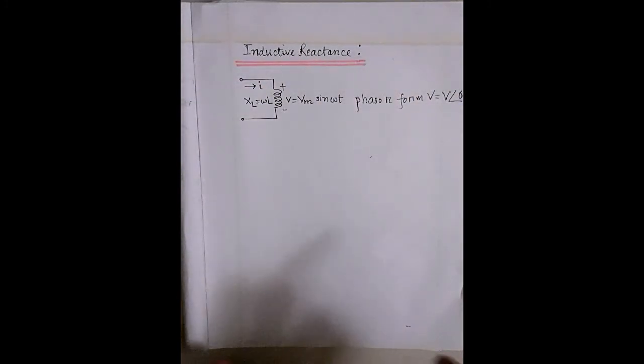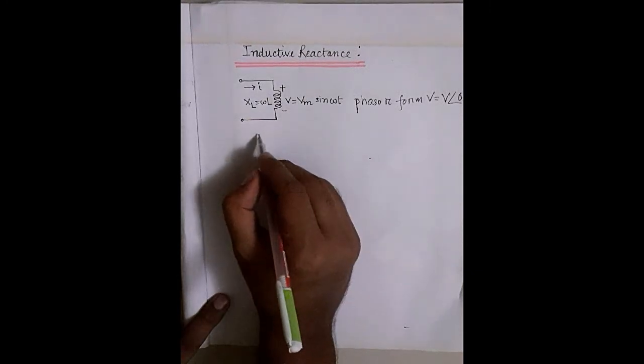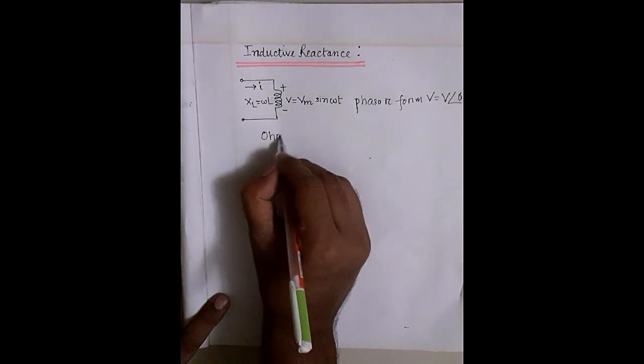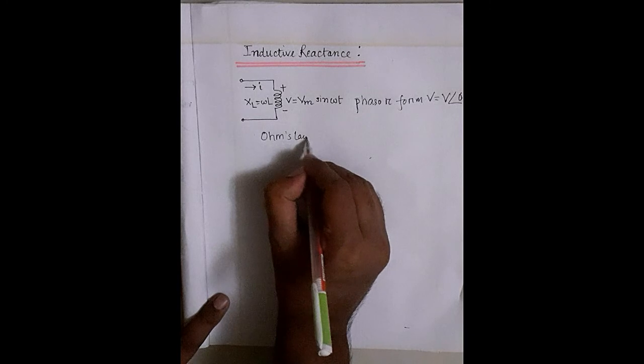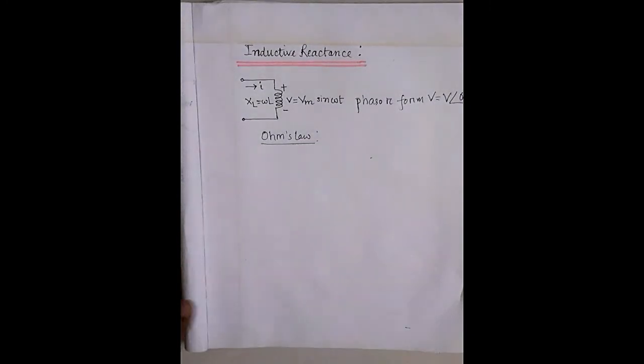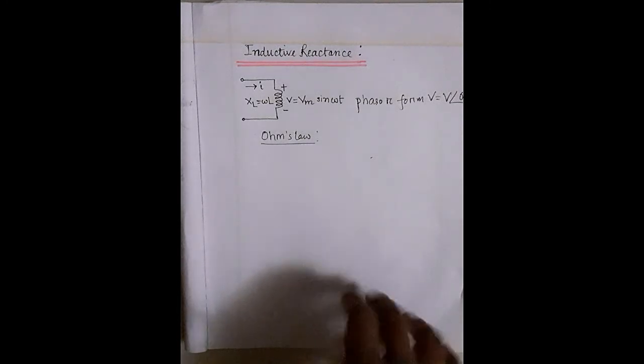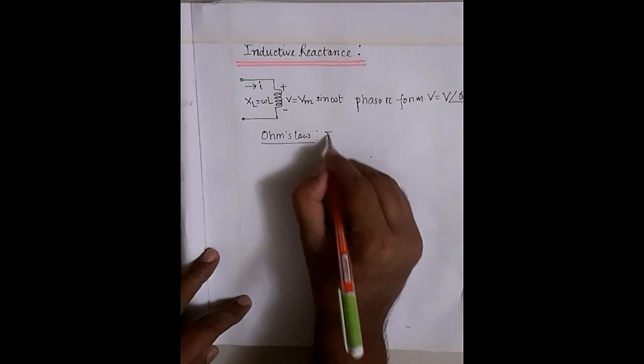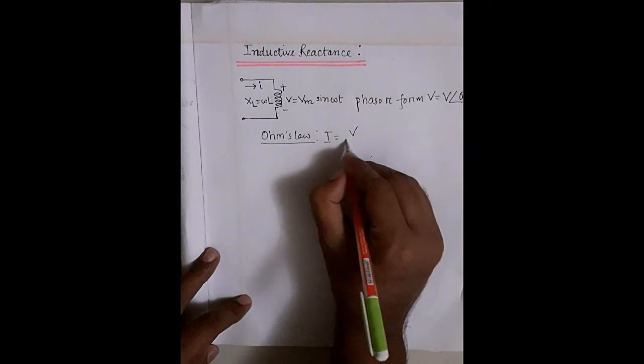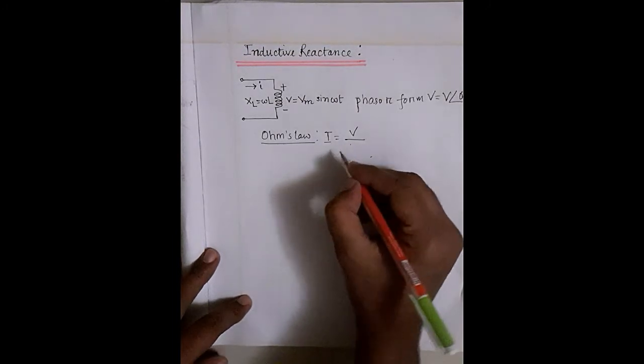Okay then, but from Ohm's law, what do we know? Ohm's law tells us the value of current can be found out by dividing voltage over the resistance.